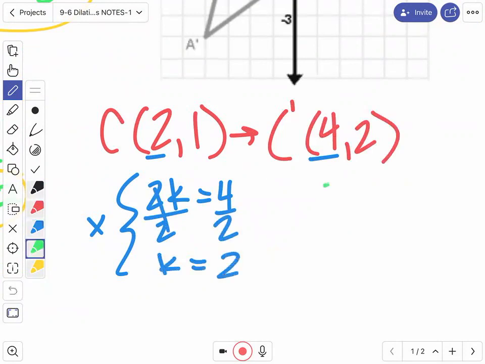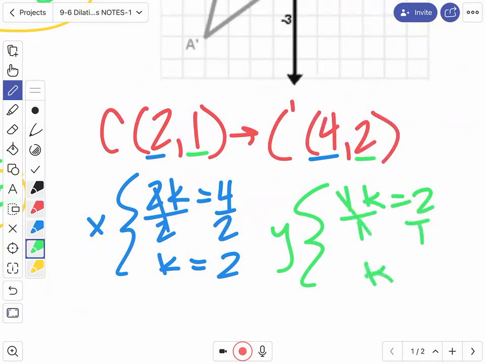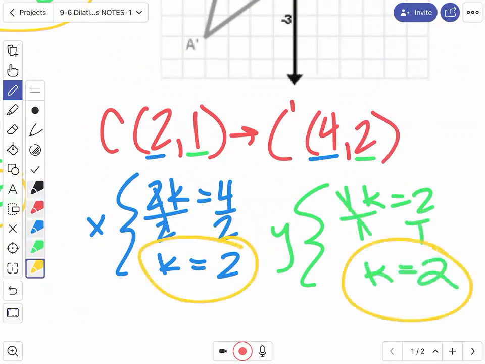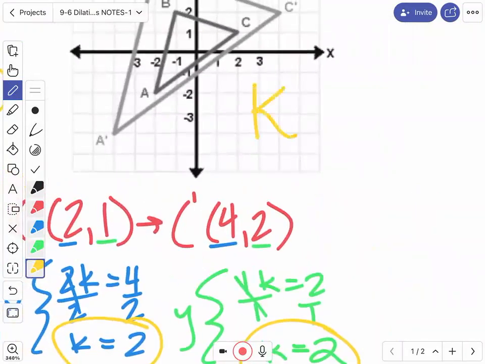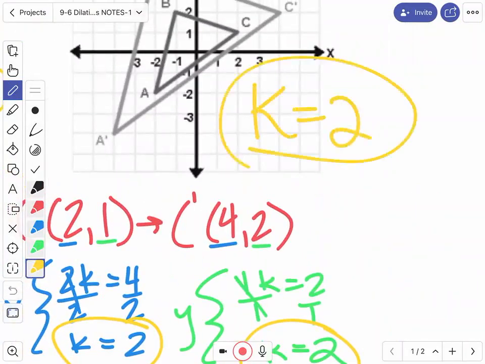So far, so good. Then we do y, 1 and 2. So 1k is equal to 2. Divide out the 1, and same, 2. If these scale factors do not all come out to the same value, then we do not have a scale factor. It is not a dilation. So for this, my dilation is an enlargement with a scale factor of 2.